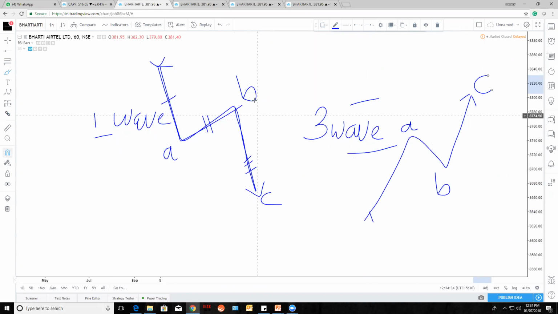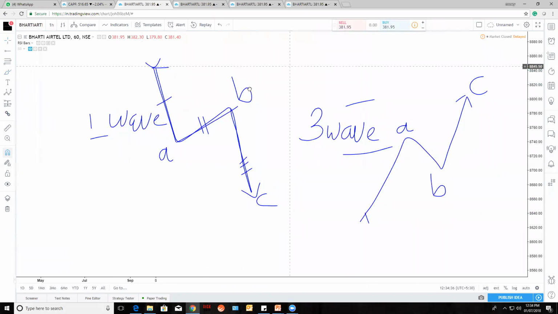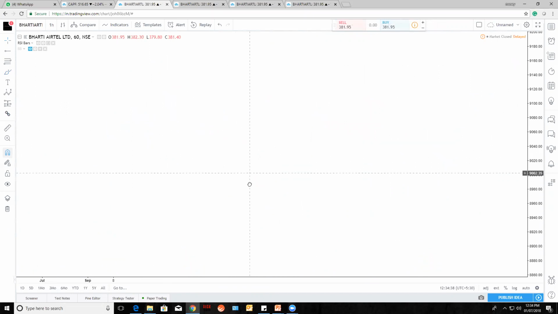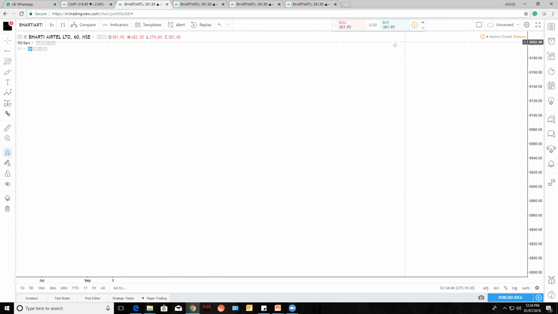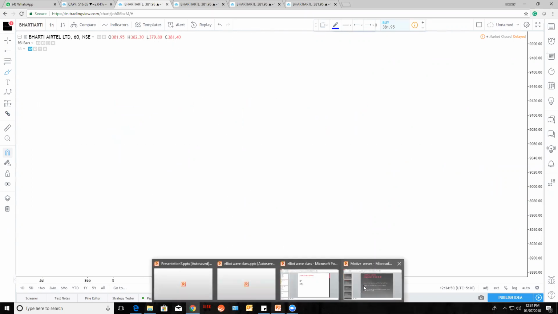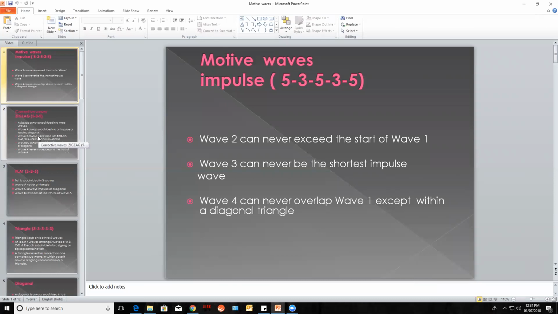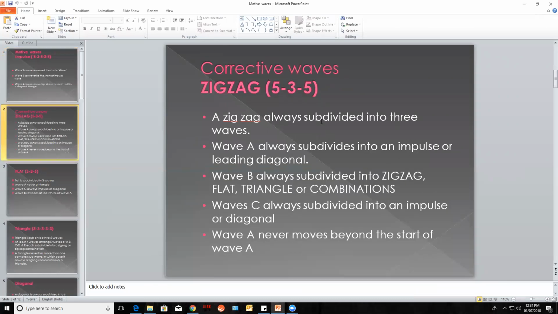So in zigzag, there are again rules. We will see them one by one. For zigzag correction, it's a three-wave structure. Let's see the rules here. Zigzag is a 5-3-5 structure.